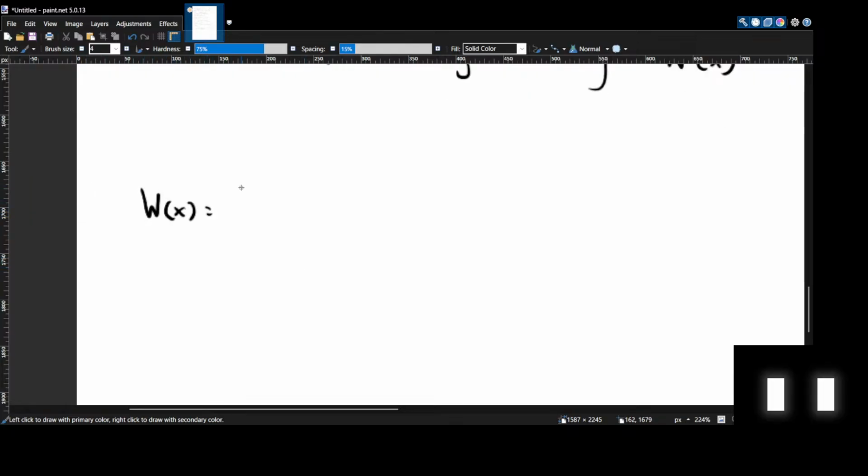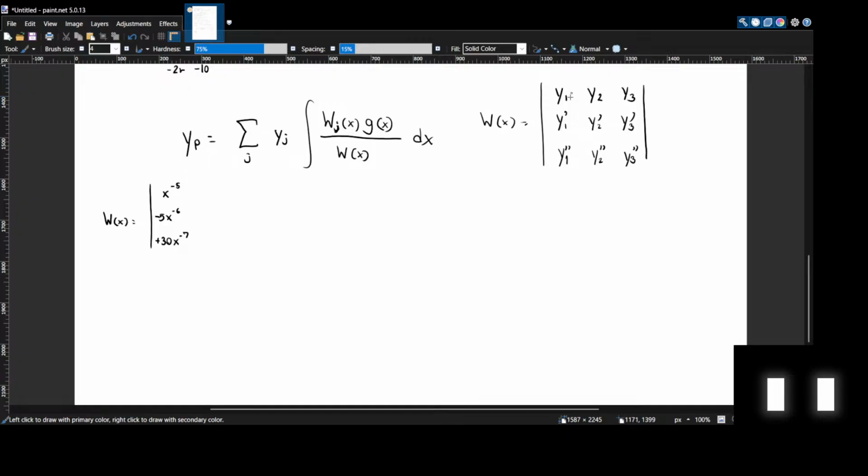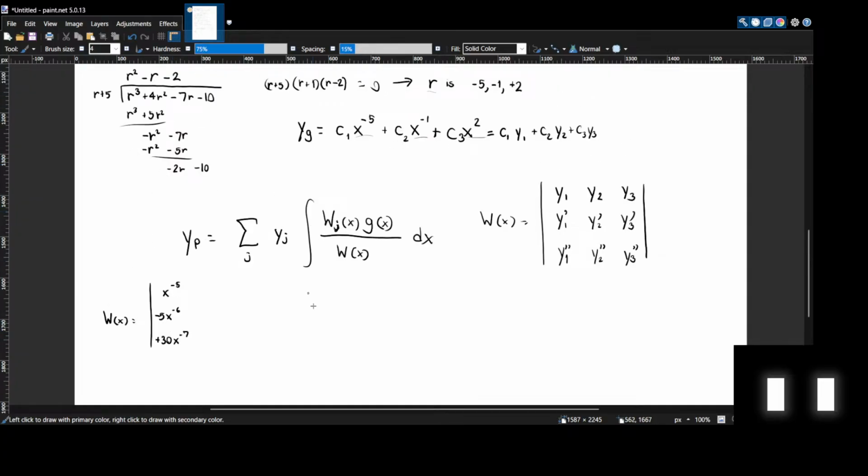The Wronskian is equal to x to the negative 5, negative 5 x to the negative 6, and positive 30 times x to the negative 7. This is y1, and then you take the first derivative, you take the second derivative. The next term, y2, is x to the negative 1, so we just have x to the negative 1, and we have negative x to the negative 2, and we have 2x to the negative 3.